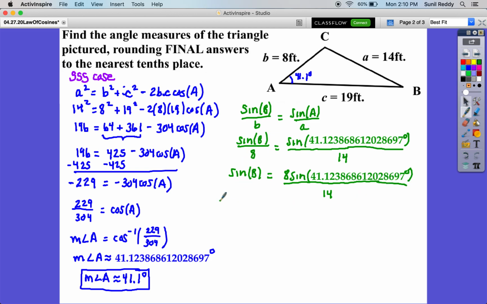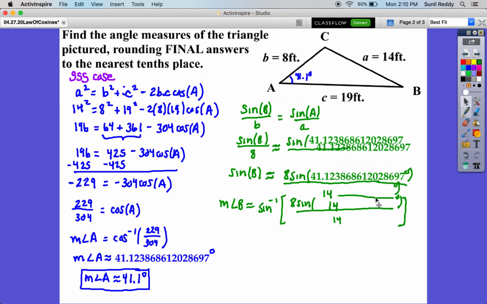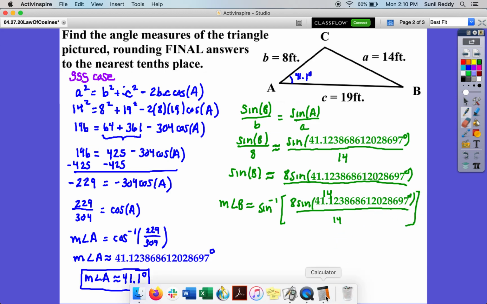And then to get B by itself, I would have to take the inverse sine of both sides. So the measure of angle B is now going to equal, and I guess once I had this decimal, I should have switched this to approximate, inverse sine of that ugly stuff inside. And that's when I would turn to the calculator again.